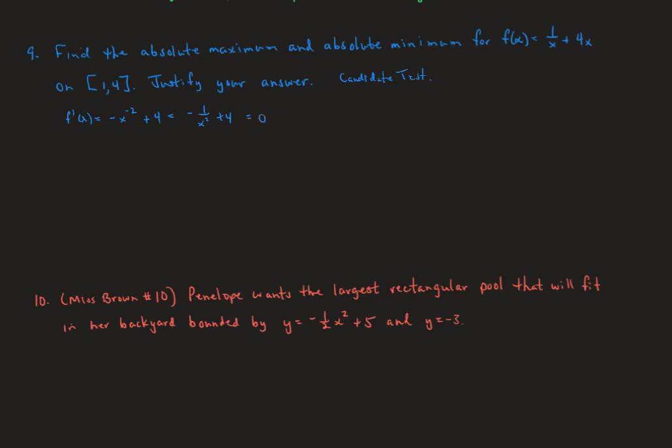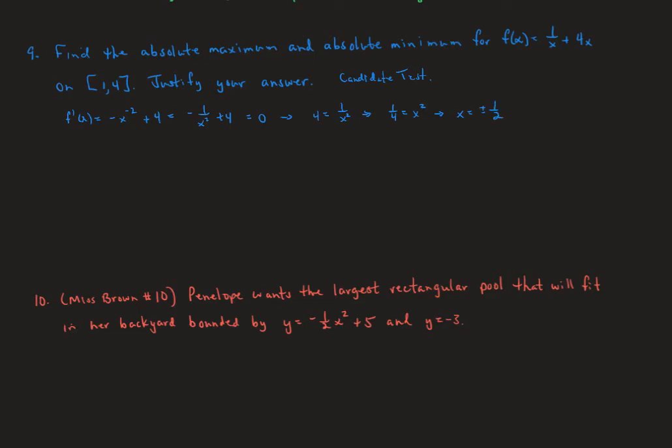We want to set that equal to 0 and solve it to look for any critical points. So I'm going to add the 1 over x squared to the other side. We can take the reciprocal of both sides and get 1/4 equals x squared. If we take the square root of both sides, we're going to get a positive and a negative 1/2.